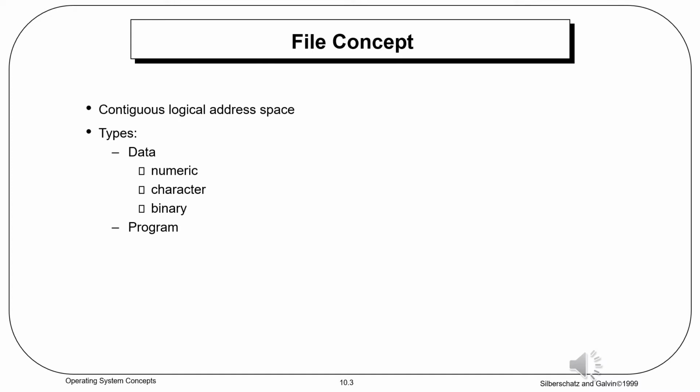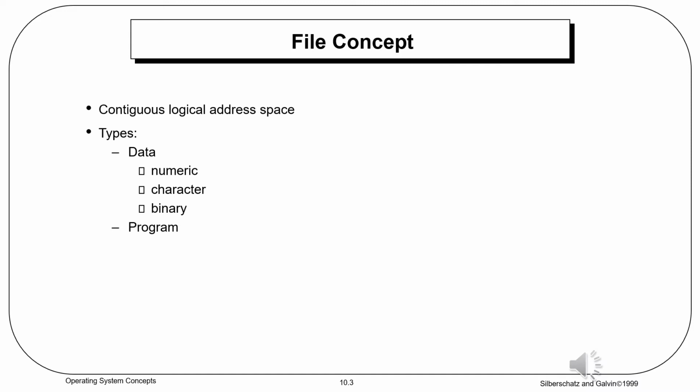The file has a certain defined structure which depends on its type. A text file is a sequence of characters organized into lines, and possibly pages. A source file is a sequence of subroutines and functions, each of which is further organized as declarations followed by executable statements.